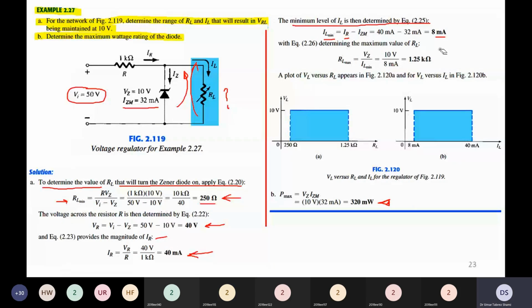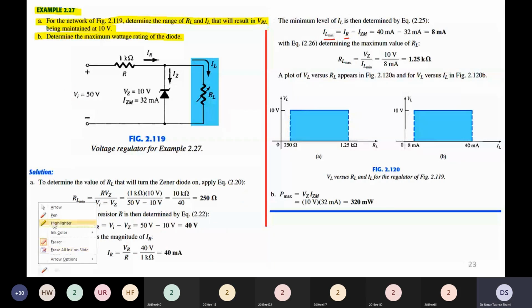To answer this question, let us assume that our RL is equal to only 200 ohms. We have an input voltage of 50 volts, R of 1 kilo ohms, and RL of 200 ohms.